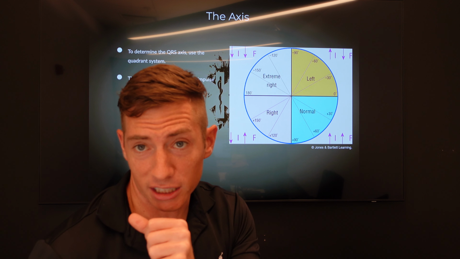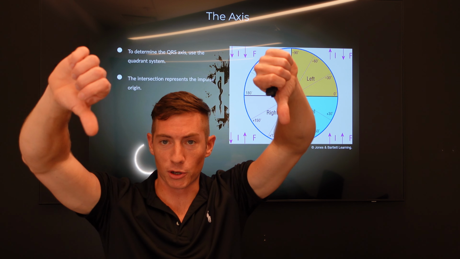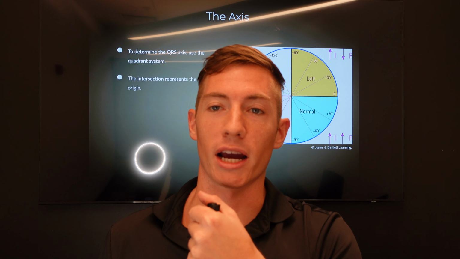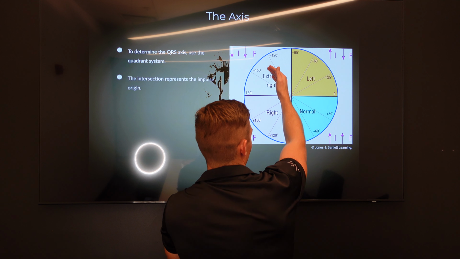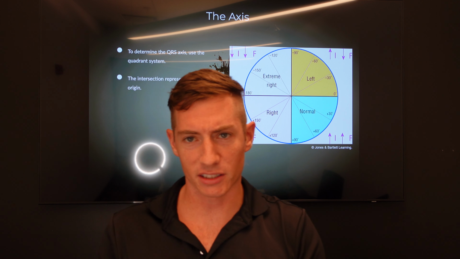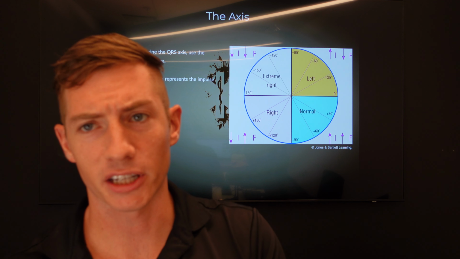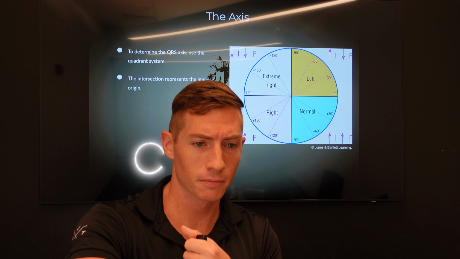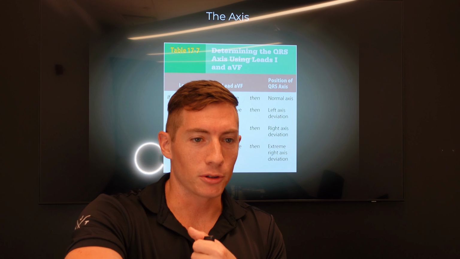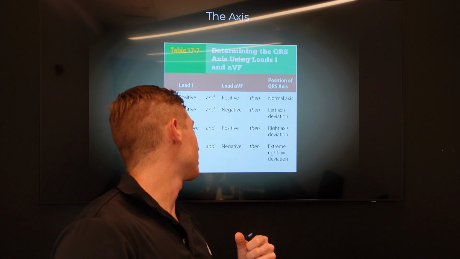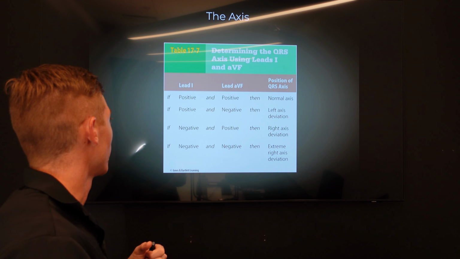So electrical activity is going to the right axis. Now if we're both down, we're just opposite of normal. We are extreme right. We're going so right that we're going backwards. So hopefully that makes sense. It might take a couple of watches, or another video might explain it more clearly. This table is how to determine QRS axis using leads 1 and AVF. Everything that I just did.